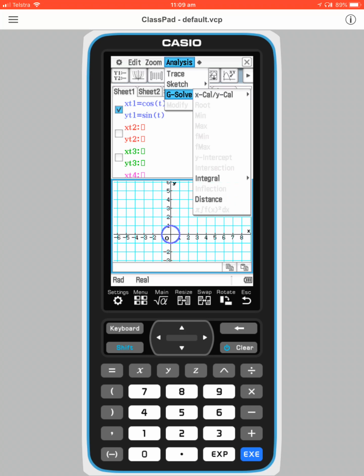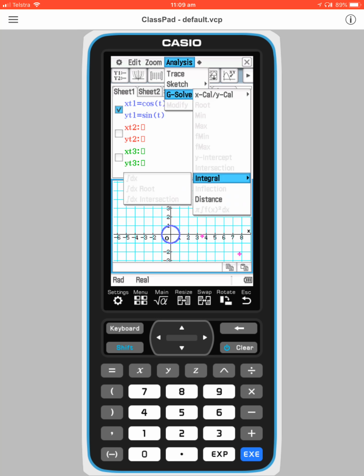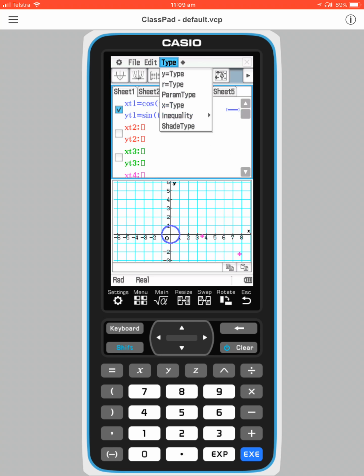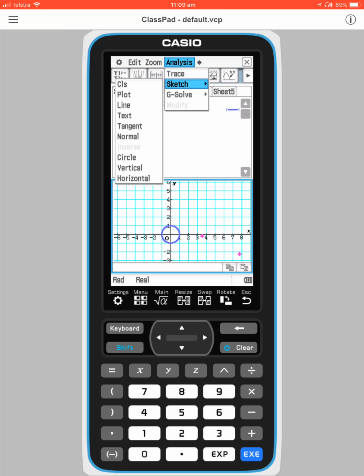So there it is, analysis, G-solve, distance. I don't know what distance is. Oh, that's finding the distance between 2 points. Analysis, G-solve, x, y, integral. Nope. Sketch. No, I don't think it does it.